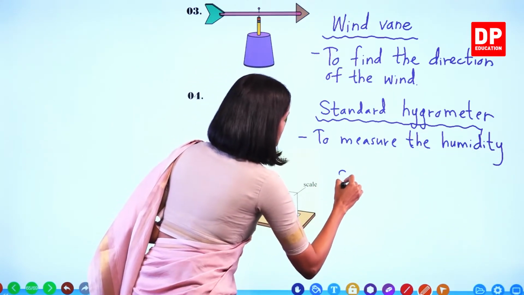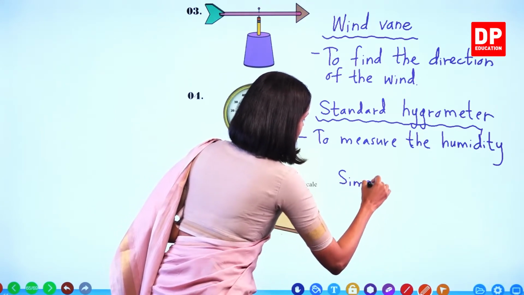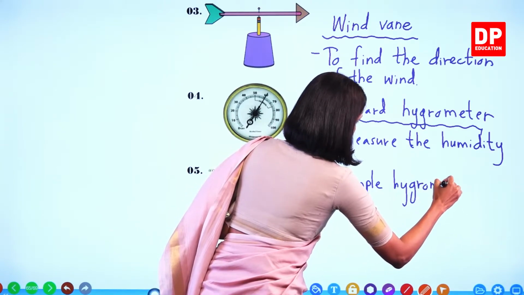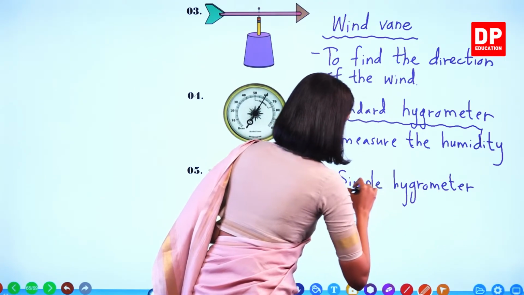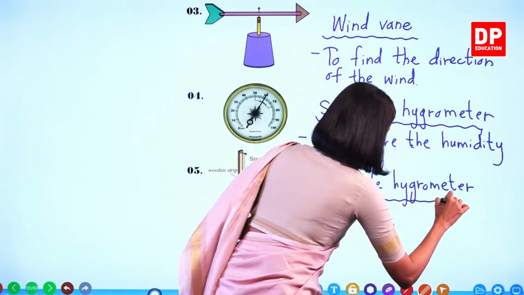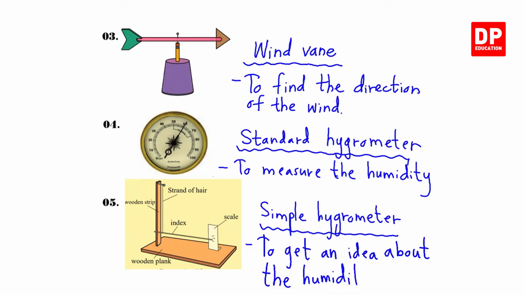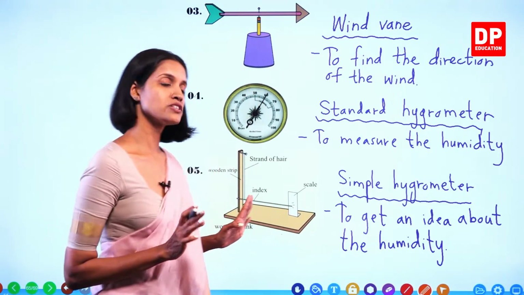This one, simple hygrometer. To measure, to get an idea about the humidity. Right, children?